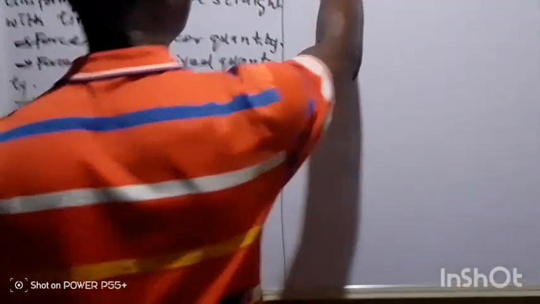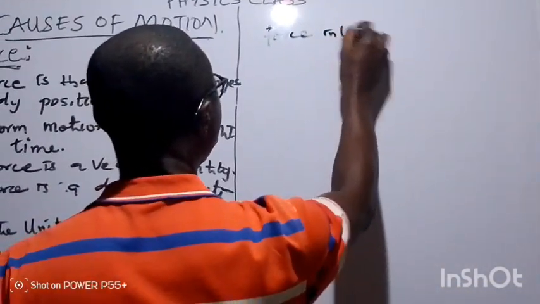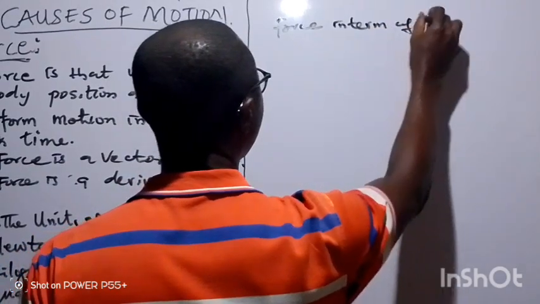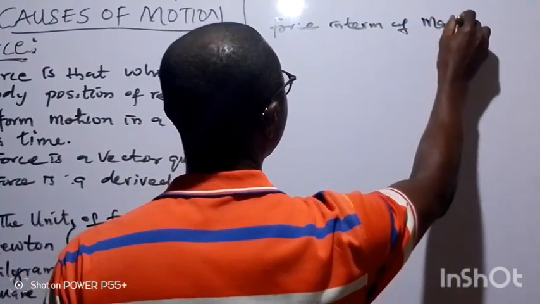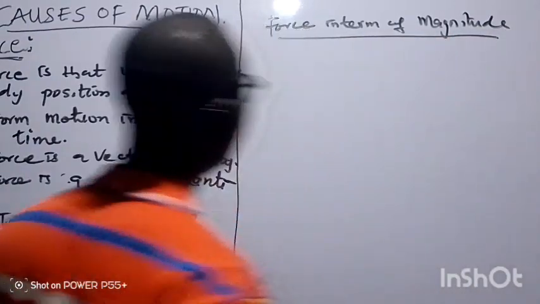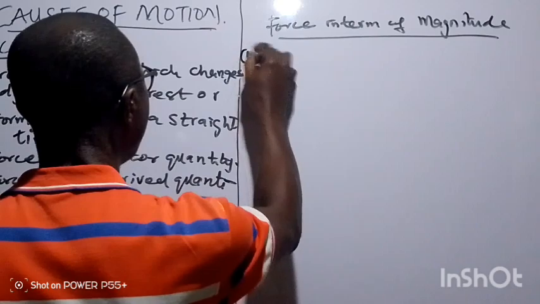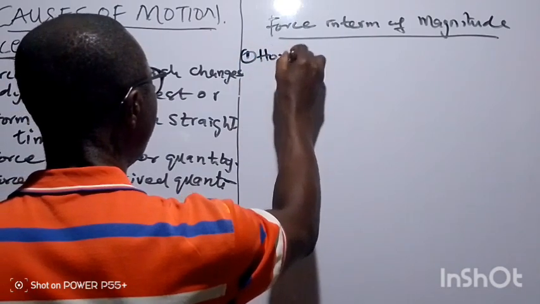Force in terms of magnitude. To divide force in terms of magnitude, we are going to have, 1, horizontal force.